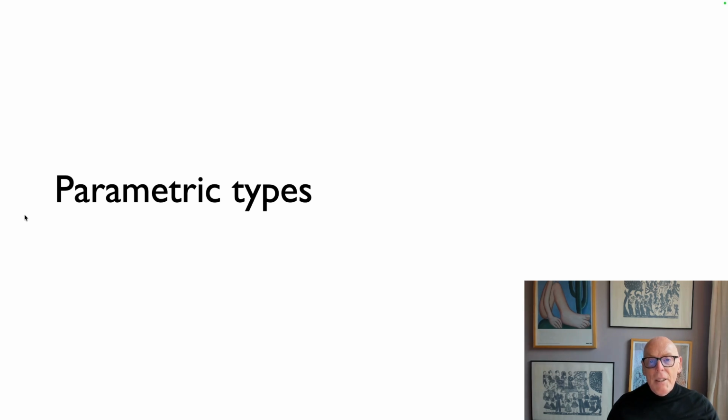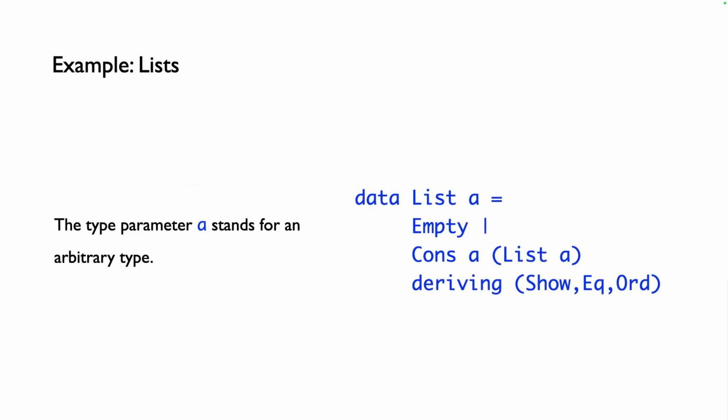The final bit of the puzzle is given by allowing us to use type parameters in the definition of algebraic data types. In fact, we've seen one already, the example of lists. The list type constructor has one argument, which is the type of list it is producing, and the constructors are empty and cons.